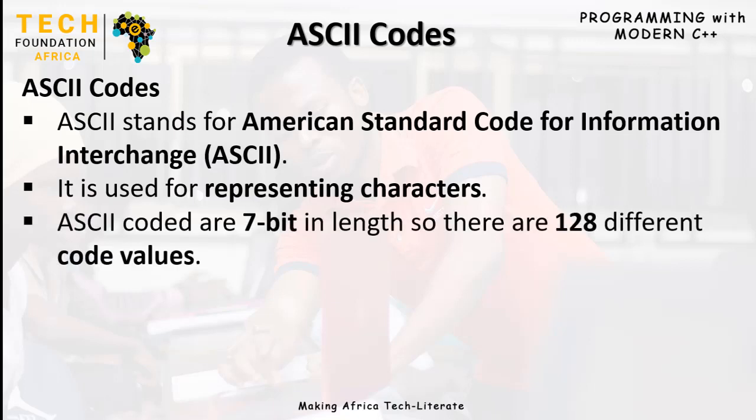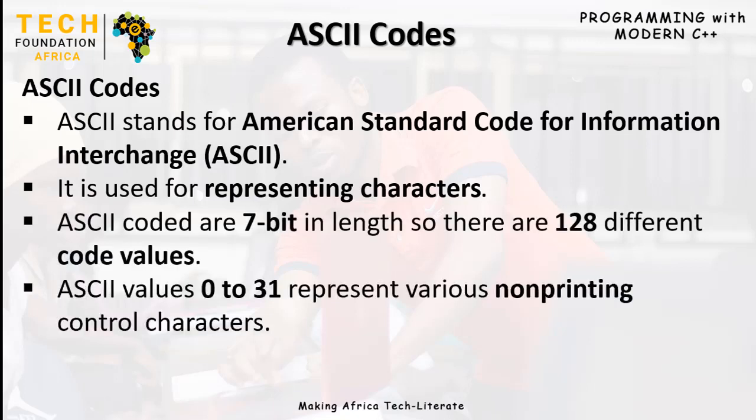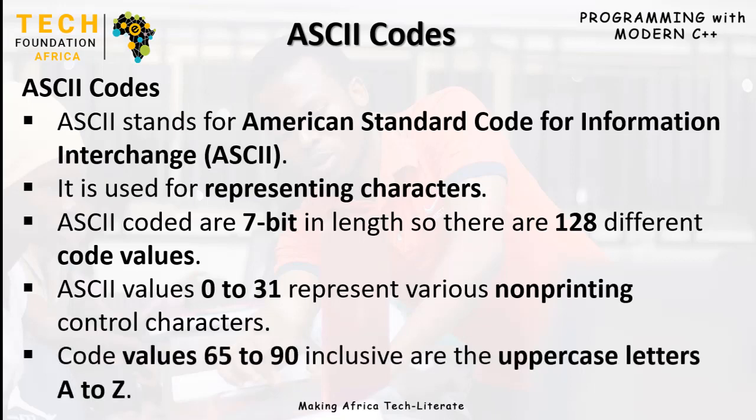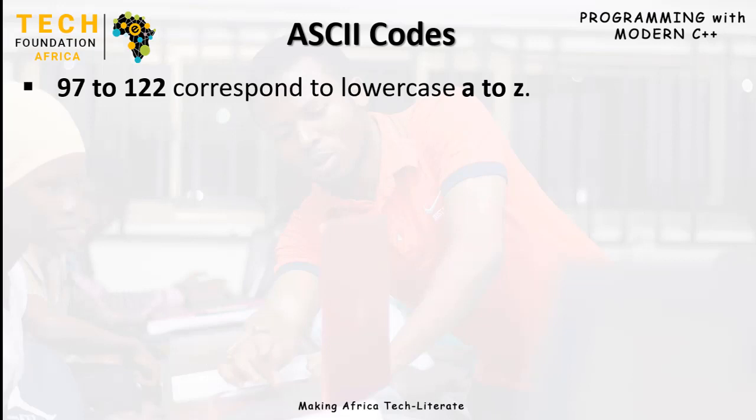Values from 0 to 31 represent various non-printing control characters such as carriage return, line feed, and the rest. Then we have codes from 65 to 90, which represent the characters capital A to capital Z. We also have 97 to 122 corresponding to the lowercase letters.